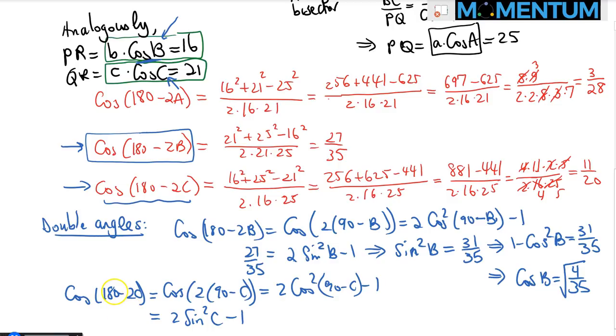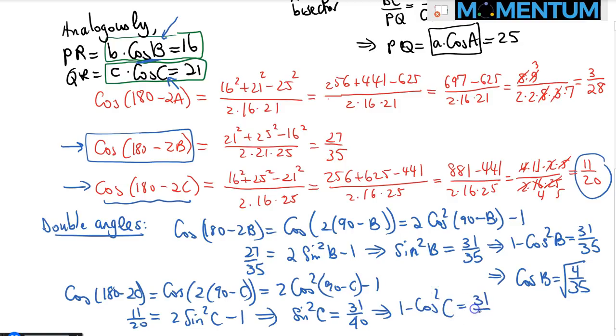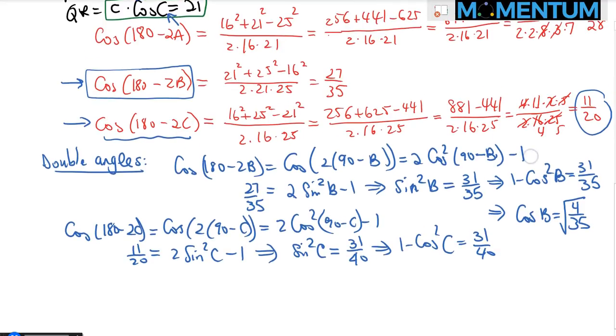But the left hand side, like we said earlier, is 11/20, so that would imply that sine square of c is just equal to 31/40, and implying further that 1 minus cosine square of c is equal to 31/40, which gives 9/40, so square root 9/40. So finally this would imply cosine of c is equal to square root 9/40.